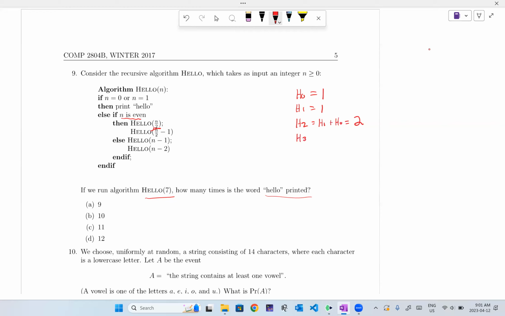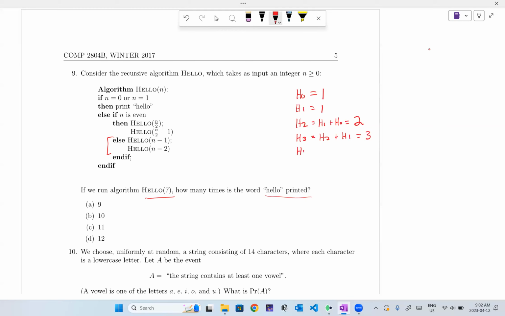H3, so in this case, n is not even, so now I'm going to do the else case. In the else case, I call hello n minus 1 and hello n minus 2, so this is H2 plus H1. So this is 2 plus 1, which is 3.